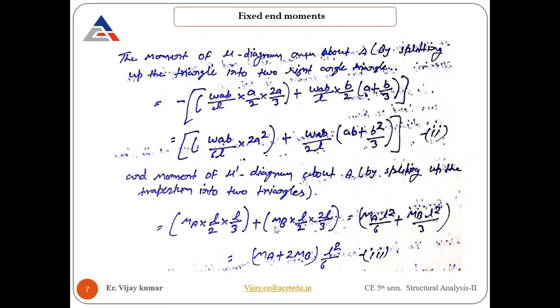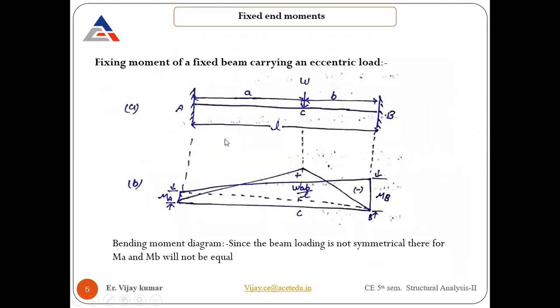So WAB by L is the height, into the length. Length is A, of that left portion, divided by 2. This is the area. Now where will it act? It will act at the centroid of that area of the A portion. Let me show here. This is the diagram.